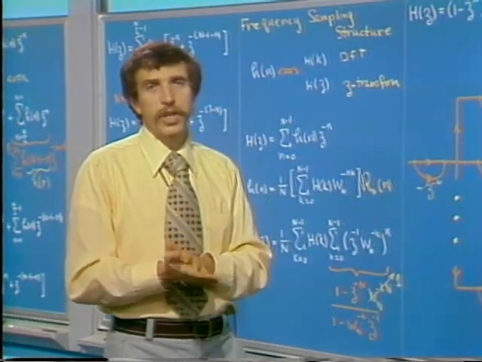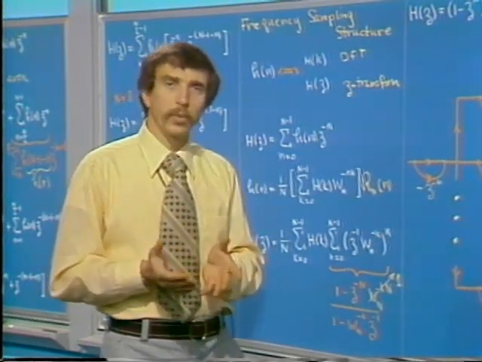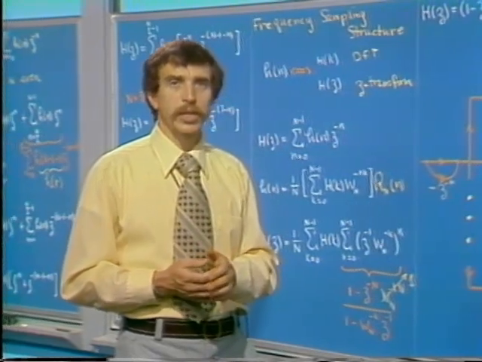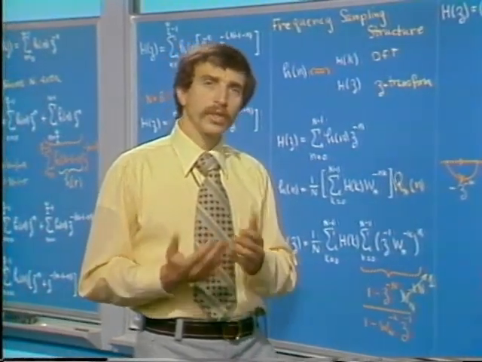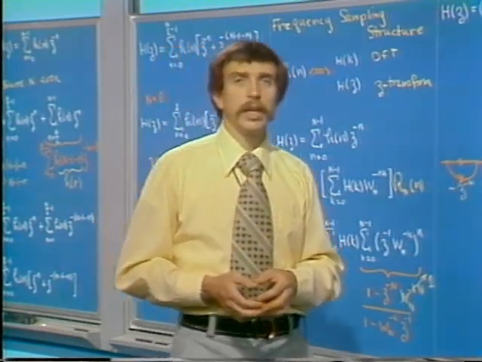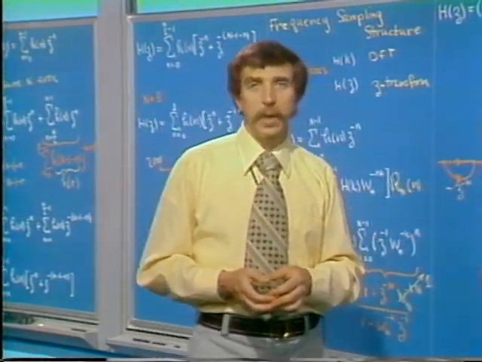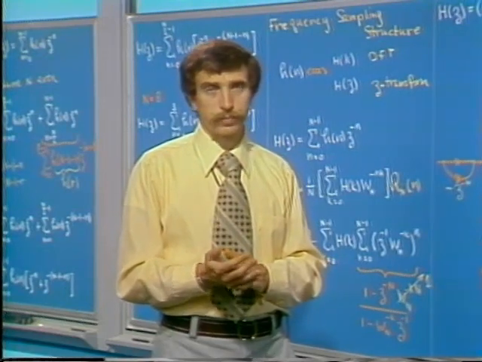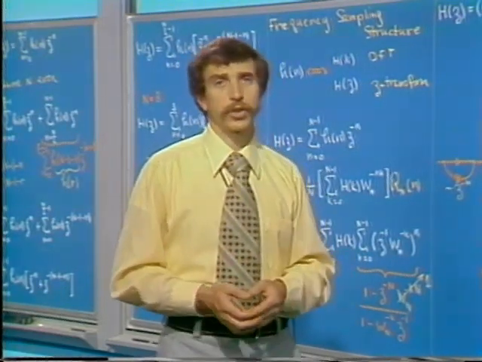To conclude the discussion of digital networks and digital filter structures, I'd like to focus finally on just a few of the issues, one primarily, involved in the comparison of filter structures. We've talked about different structures.